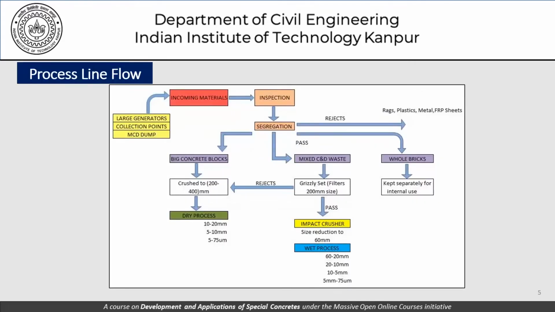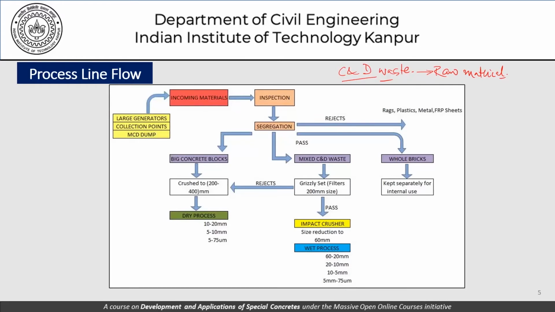But I would like to just share with you a small flowchart here, which is from the processing of C&D waste, construction and demolition waste or debris. So if we want to reprocess it and reuse construction and demolition waste as partial replacement of virgin raw materials in our construction process, then this flowchart tells us basically the kind of steps that are involved or that will be involved.